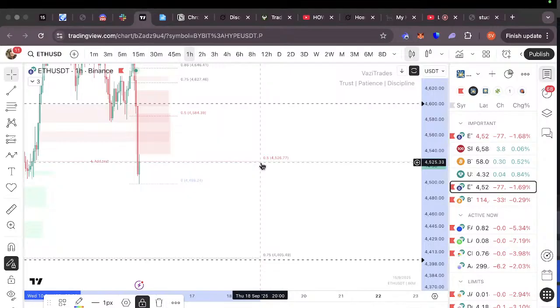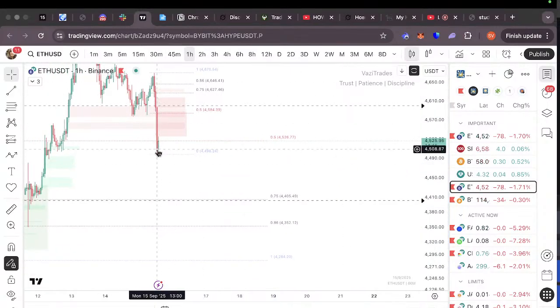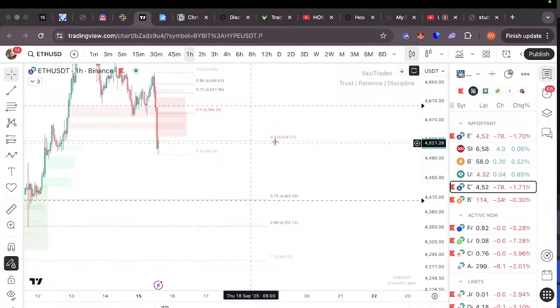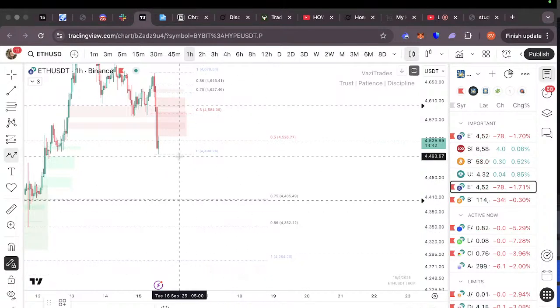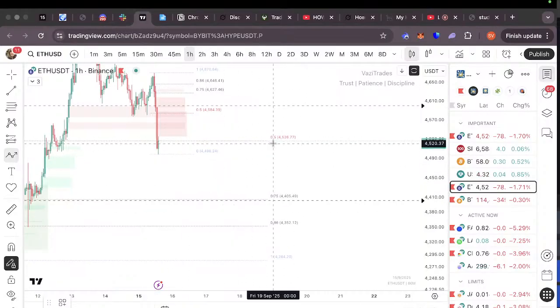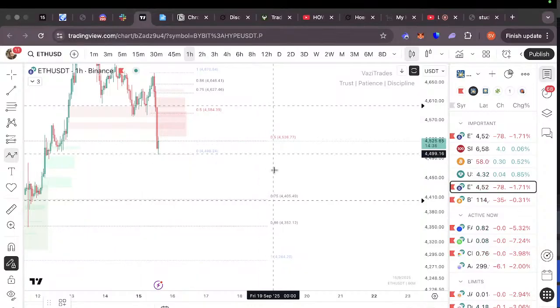Yeah, you can see that this red candle gave a close below 0.5. Usually, when we see that the price keeps closing below 0.5, it means that it will continue dropping or pumping. In our case, we're looking for the downtrend, right? So 0.75 is at 4,400.